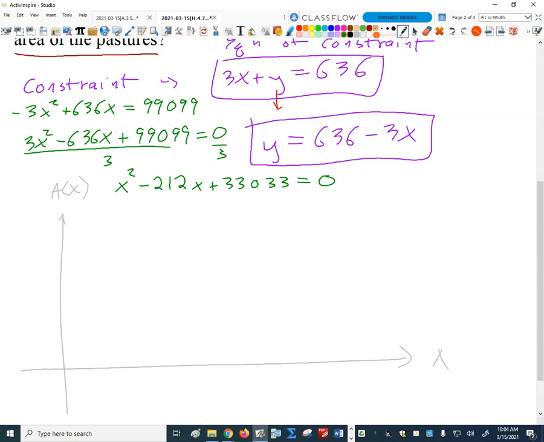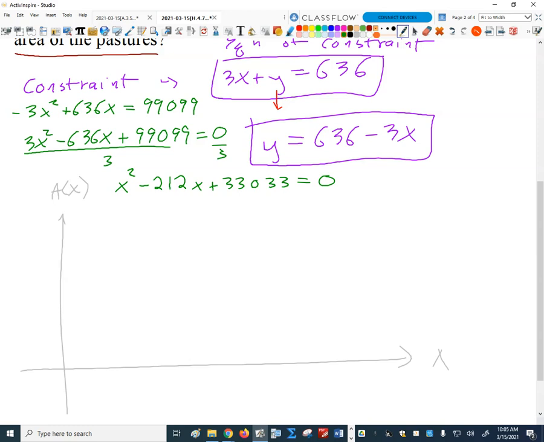Okay, now what? How would I probably choose to solve that, do you suppose? I know what I would do. What would you guys do to solve that thing? Quadratic formula? Yeah, I'd use the quadratic formula, right?